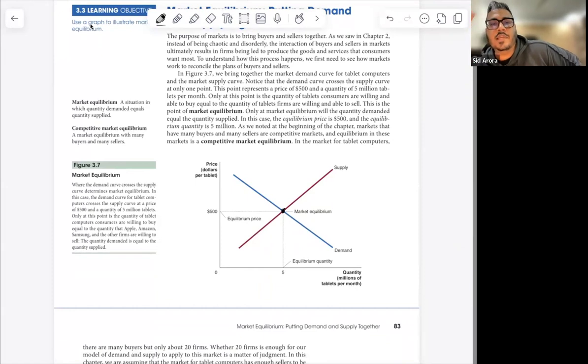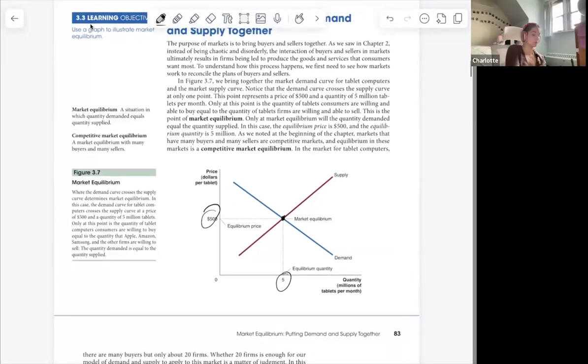This point is where trade actually happens, meaning where the buyers and the sellers both settle on a price and a quantity, and that's the quantity of the good being traded at that specific price. So in this case, 5 million tablets are being sold in the market at a price of $500 per tablet.